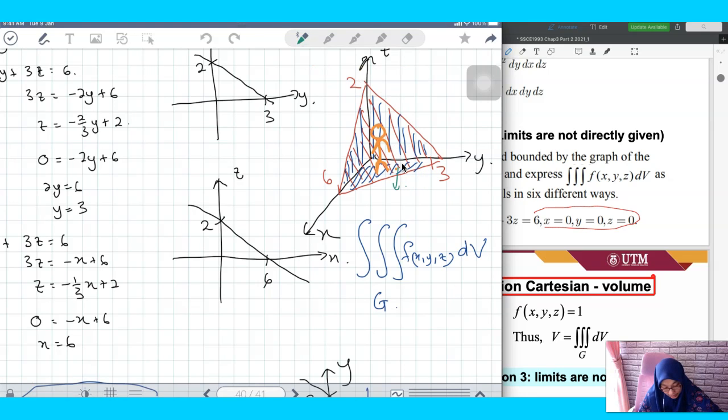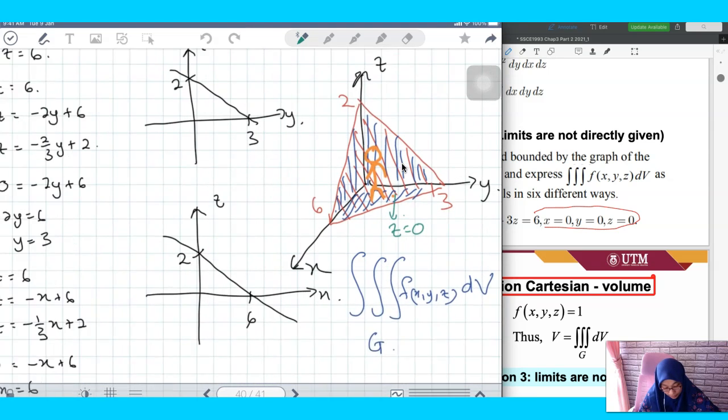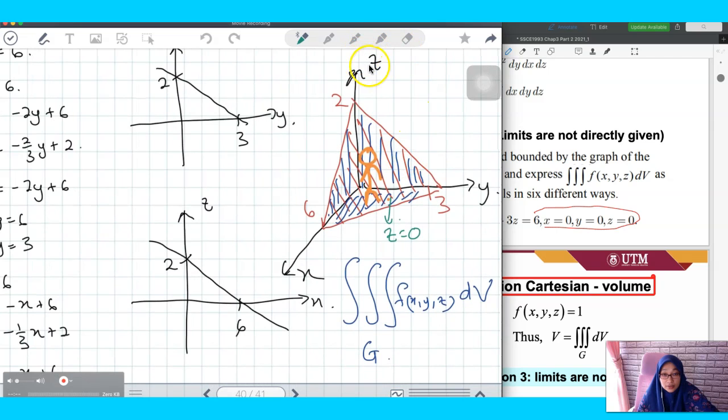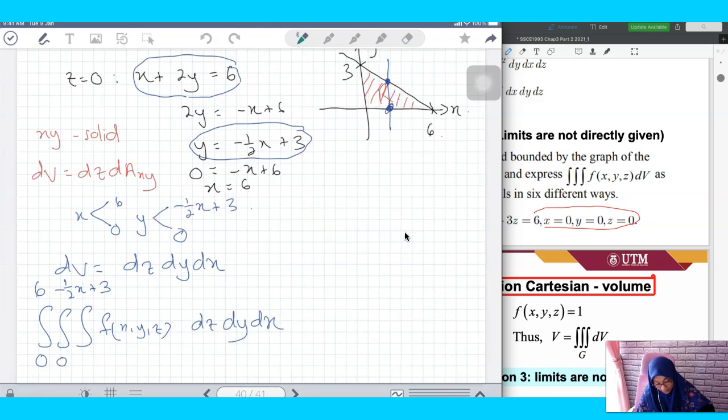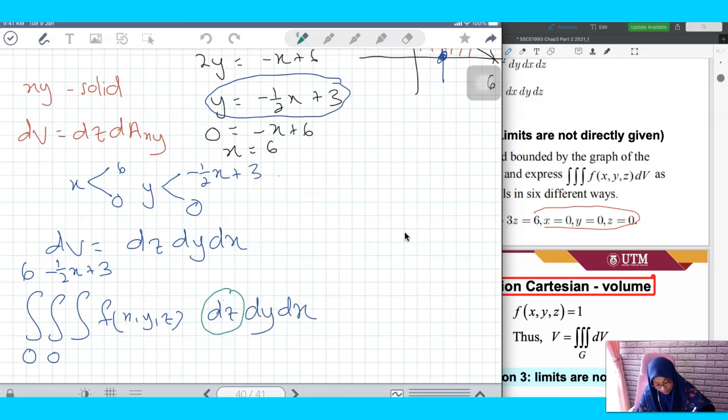Your floor is z equal to 0. Because now you have to obtain the limit of z, you have to determine the lower bound of z. Just now we mentioned that the lower bound is the floor, z equal to 0.